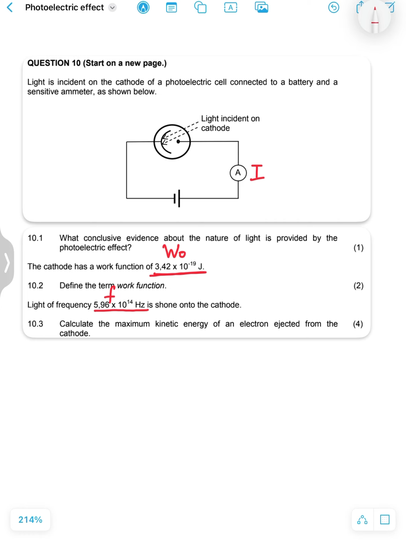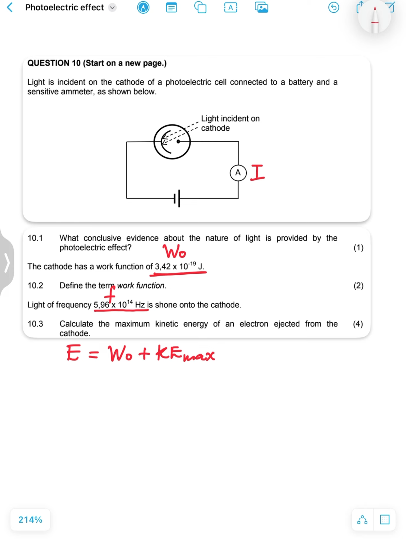If you are looking for kinetic energy and you are not given a velocity or the speed of the electron, you have to use the formula that we use for the photoelectric effect, which is: energy of light, E, is equal to work function plus the maximum kinetic energy of an electron, right?